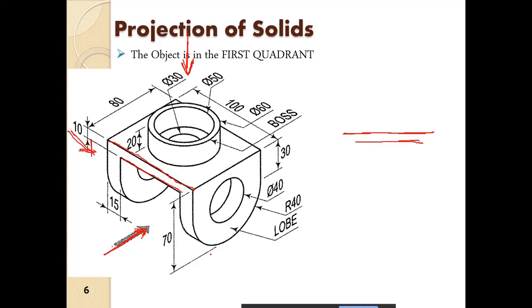Then up to this point, what I will see is this entire curved object as a rectangular projection. So the projection will be rectangular.